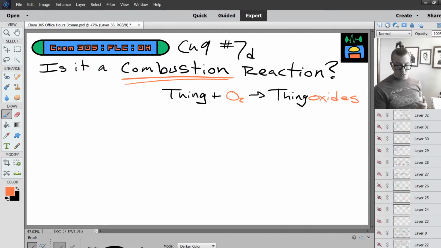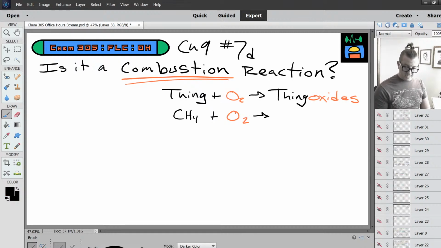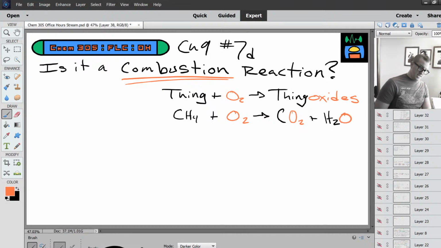For example, CH4 plus O2 makes CO2, carbon dioxide, plus H2O, which is a hydrogen oxide.